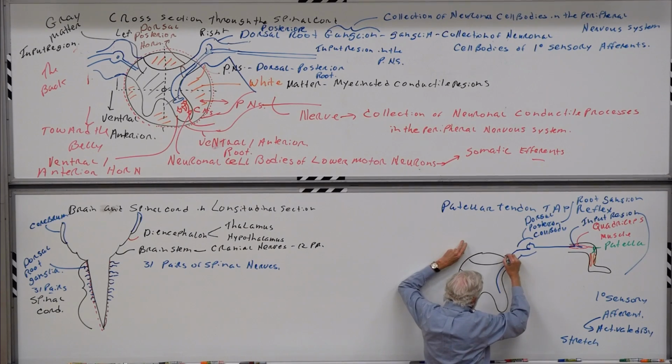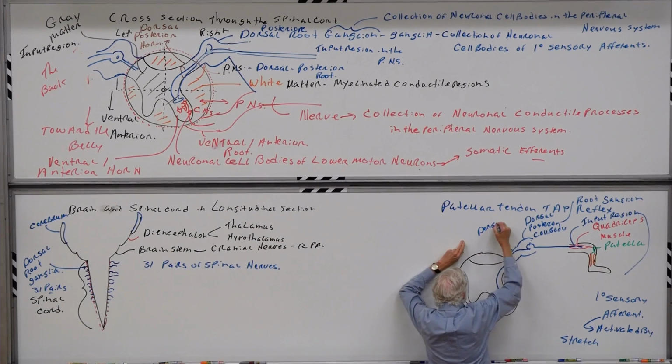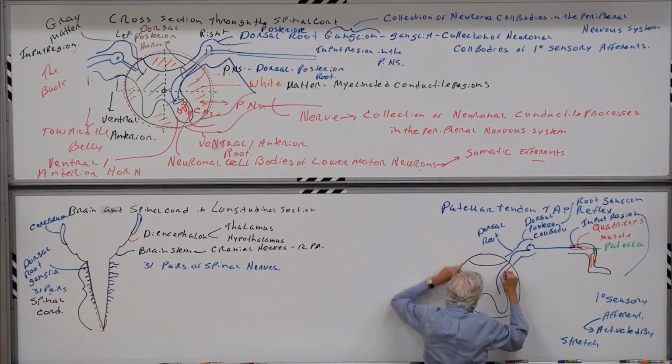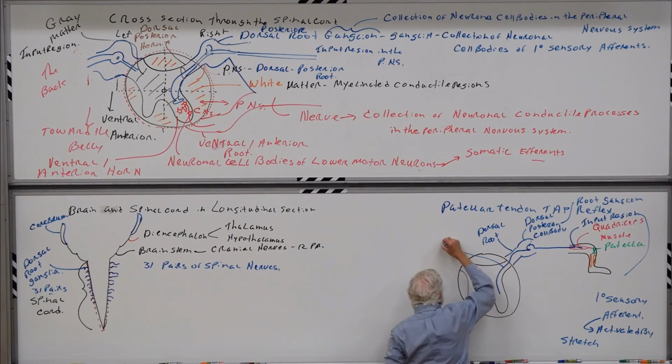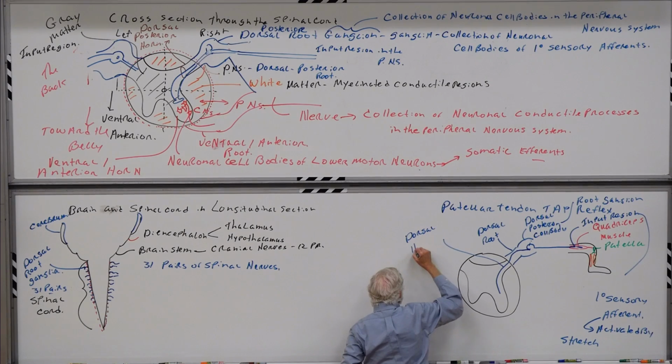So again, this is the dorsal root ganglion, this is the dorsal root, and the neuron process is entering the structure called the dorsal horn.